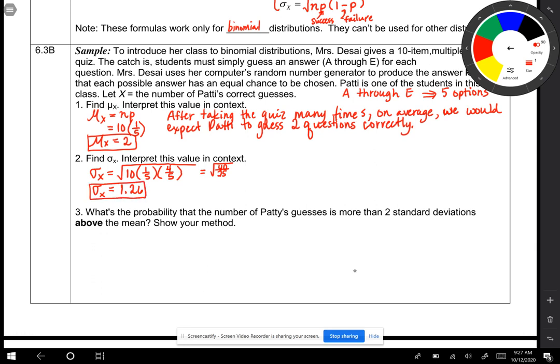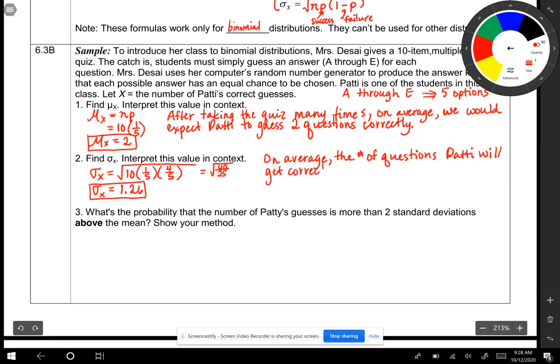Interpreting standard deviation, on average, it is the deviation from the mean. The number of questions Patty will get correct, or guess correct, will vary from the mean of 2 by about 1.26.